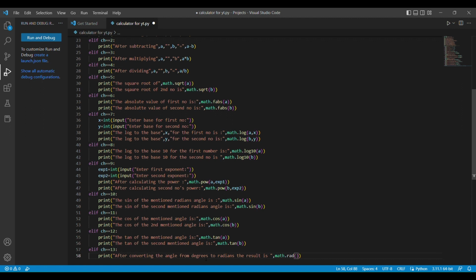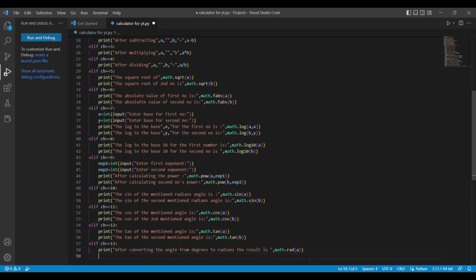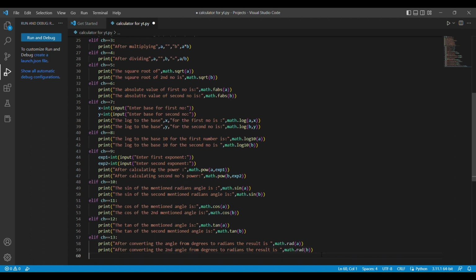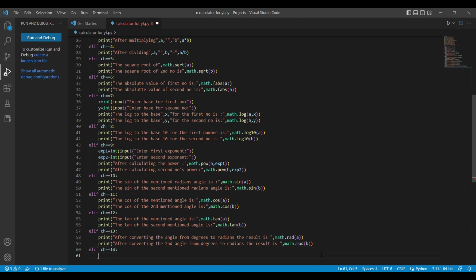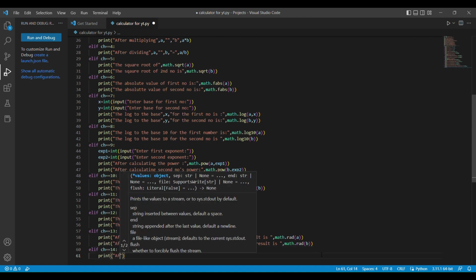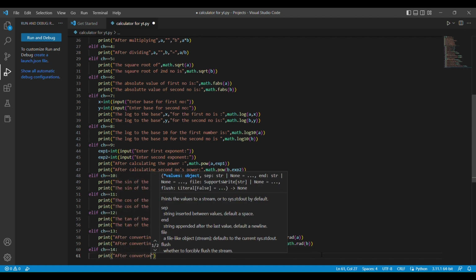Then in the brackets we will say a. Similarly for the second one, we will copy paste the other line, and just put here second angle.